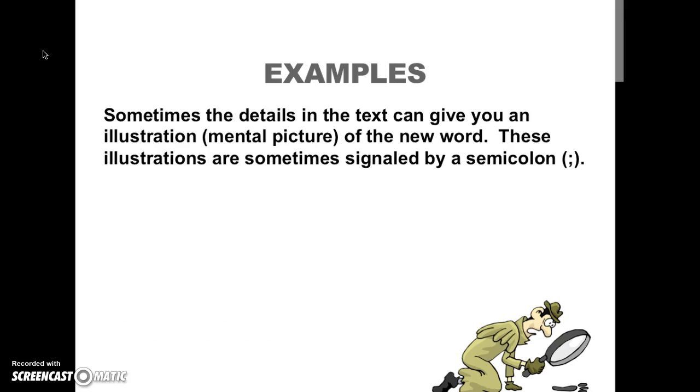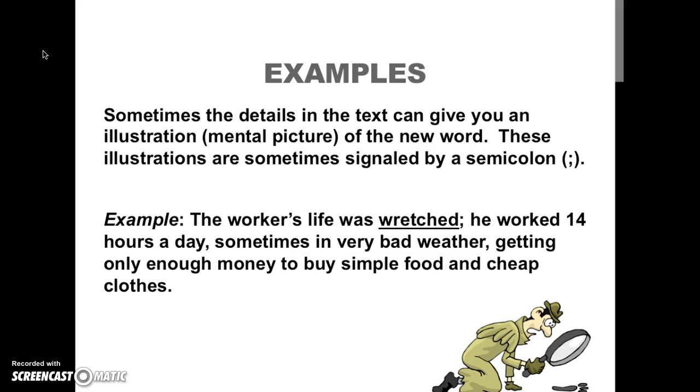Examples. Sometimes the details in the text can give you an illustration or mental picture of the new word. These illustrations are sometimes signaled by a semicolon. For example, the worker's life was wretched. He worked 14 hours a day, sometimes in very bad weather, getting only enough money to buy simple food and cheap clothes.